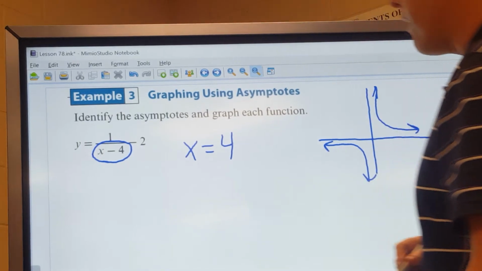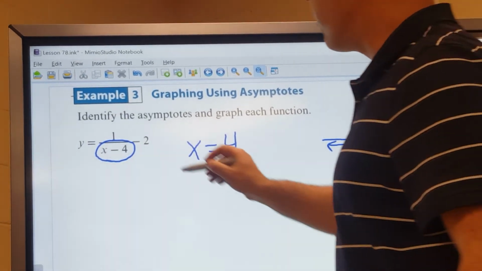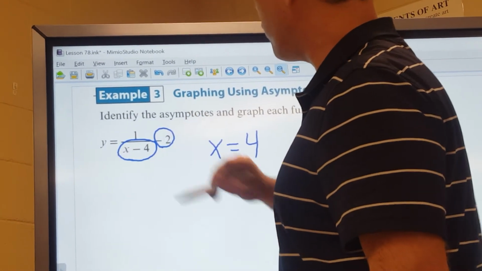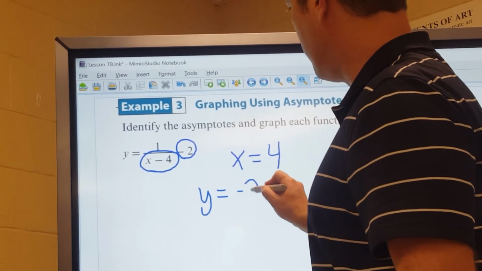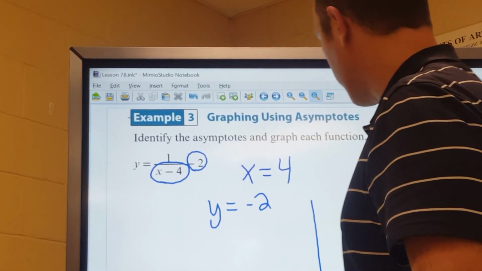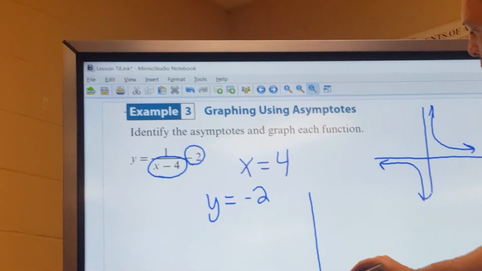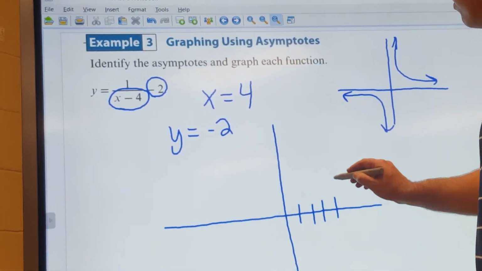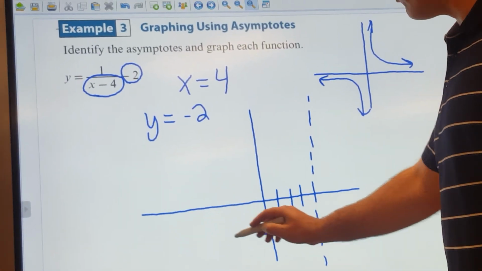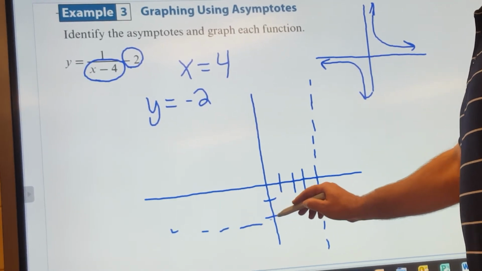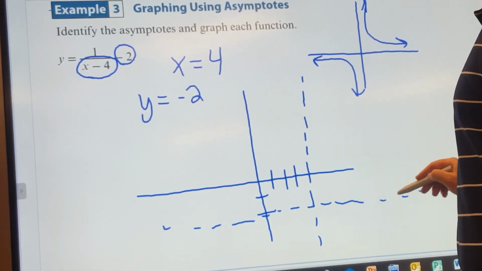That's our vertical asymptote. Then this is the c, where you get your horizontal asymptote, and that would be y equals negative 2. So if I graph this, we go over to x equals 4, 1, 2, 3, 4. There's a vertical asymptote here. The horizontal asymptote at negative 2, so we go down and draw the line right there.